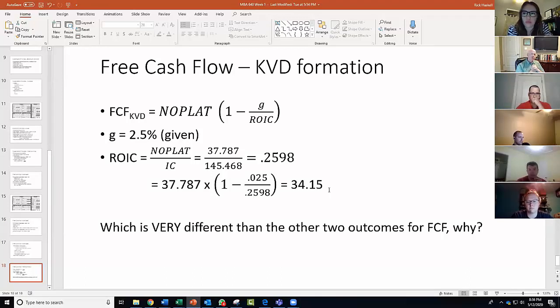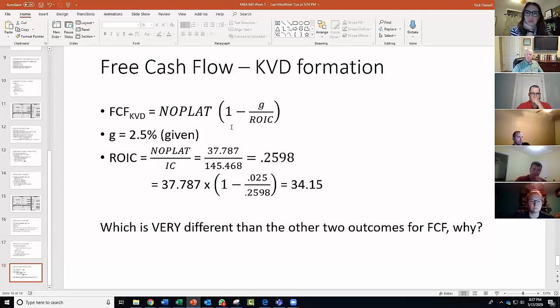So the real question is, why is it so different? If they are all three viable equations for the same output, free cash flow, how is it they can be so radically different? We're not going to spend any real time on that tonight. I'll show you mathematically at another time. You guys have absorbed enough of this arcane detail tonight, okay?